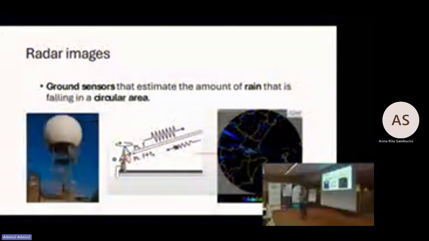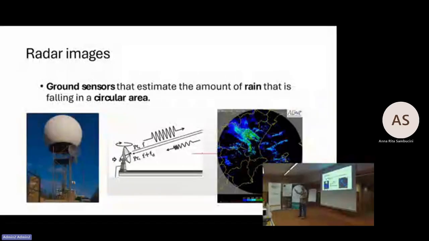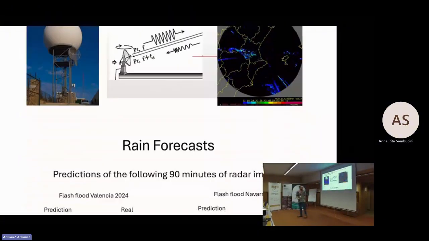Radar images come from ground sensors that sense radio signals in a circular area, and the idea is that these waves are reflected by drops of rain and they return to the sensor. The time it takes to go and return and the intensity of the signal indicates the location and the intensity of the rain.